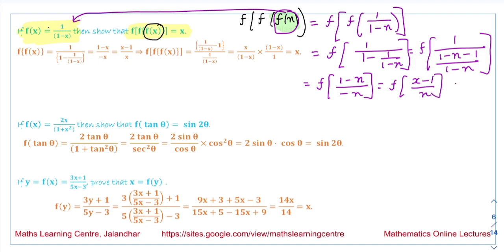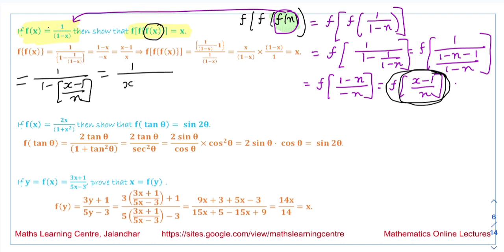Again, if we put this in the given function, we have to substitute this value. So we write 1/(1 - (x - 1)/x). The answer we obtain is x/(x - x + 1), so the answer we obtain is equal to x, and this is what we have to prove.